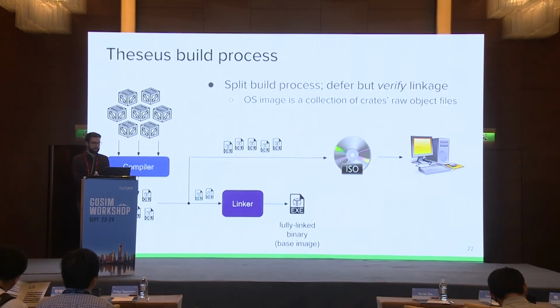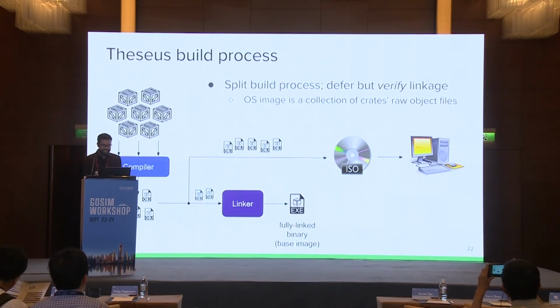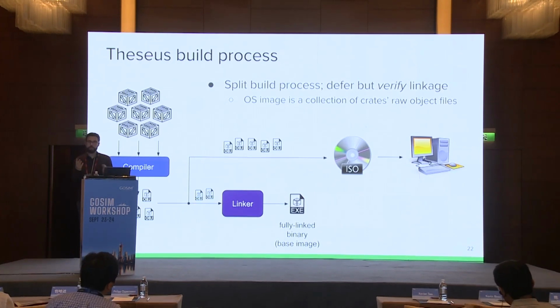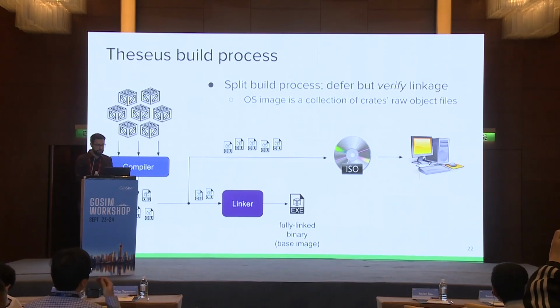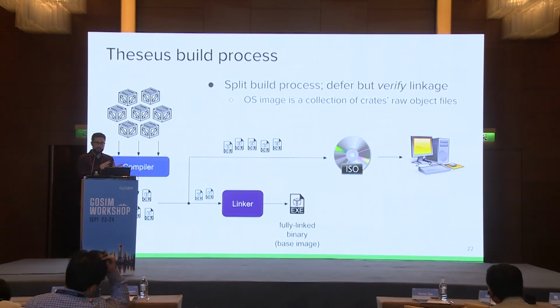Now, one thing, obviously you cannot run unlinked object files, right? So we have to do a little bit of bootstrapping to finagle this process where everything is dynamically linked and loaded, right? So what we do is we split the build process. We actually perform linkage, but we defer it until later.